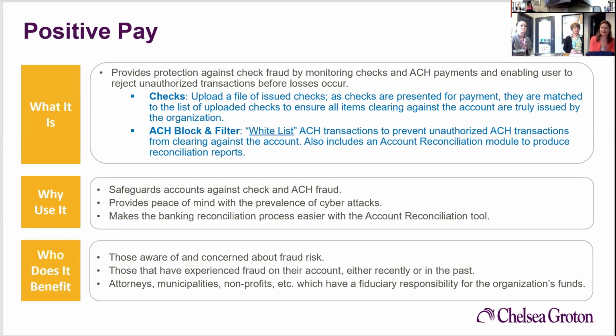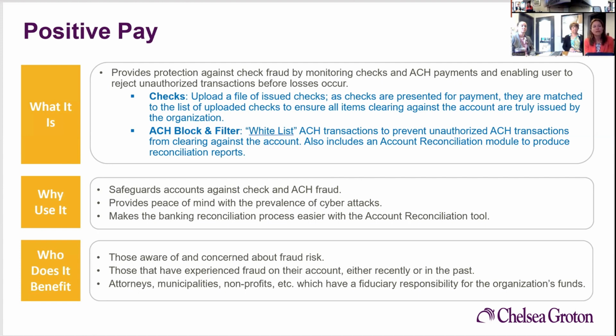While I'm not going to go into a lot of detail, it's a good preview for some other events we're doing, information sessions more strictly on fraud and positive pay. What I will say is that basically it controls the payments that are coming out of your account so that you are really vetting them to make sure that they are authorized to come out of your account. And if they aren't, you have the ability to block them before they're paid.